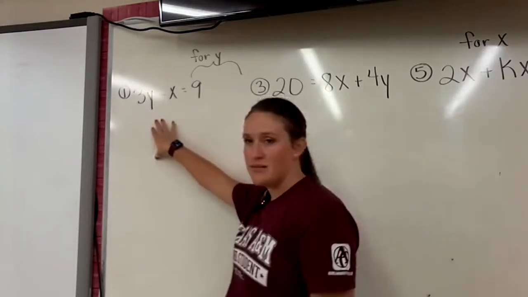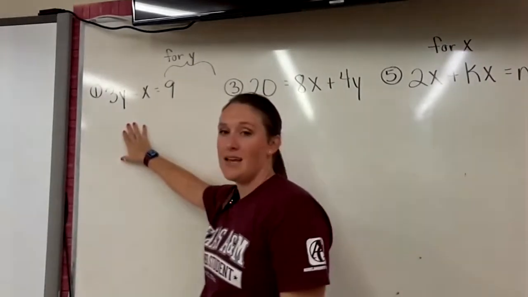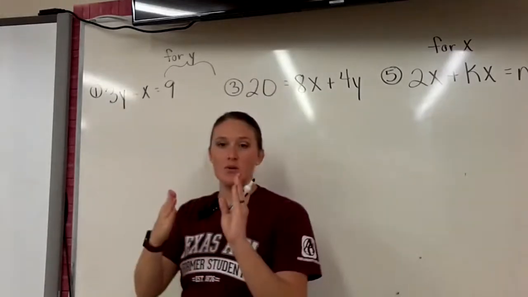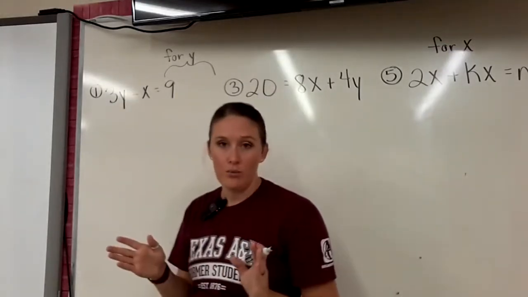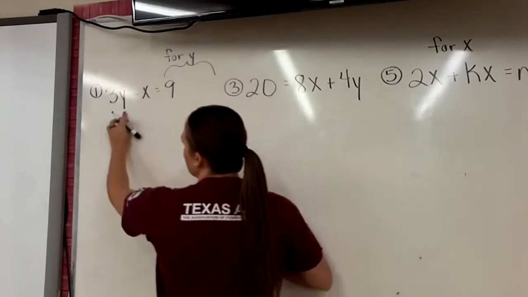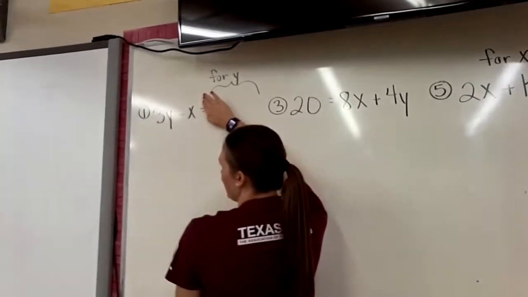So on 1, we have 3y minus x equals 9. And it said solve this one for y. So we're going to get it down to where it says y equals. Okay, it's not going to equal one number or one letter. It's going to equal a whole bunch of stuff. So if we look, here is y, here's the equal sign. So I have to get rid of this 3 and x.